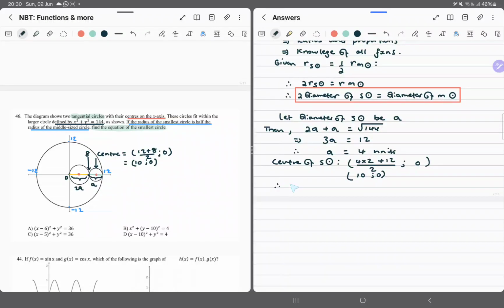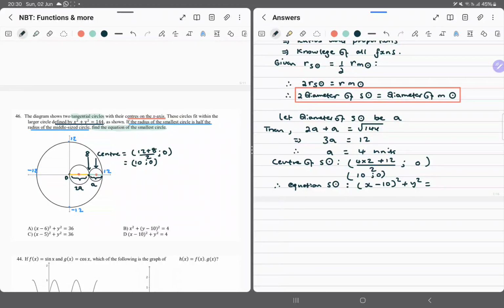We can say therefore the equation of the smaller circle is going to be given by x minus 10, remember this is positive, all squared, plus y minus 0, which is just going to be y squared, equals r squared.